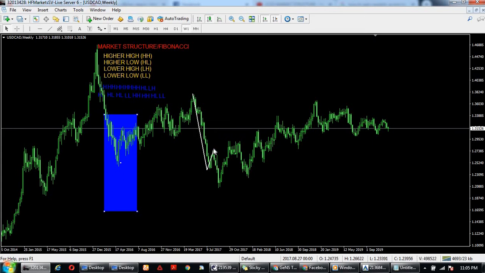So this was the most recent swing high at the time. The most recent swing high at the time was this, and you can clearly see we're on a downtrend. So this was the lower low, and this was the most recent lower high.